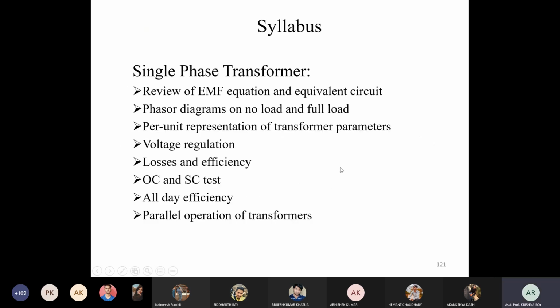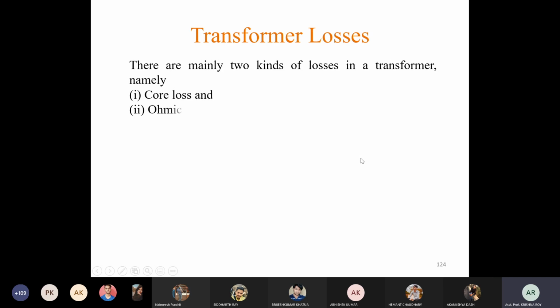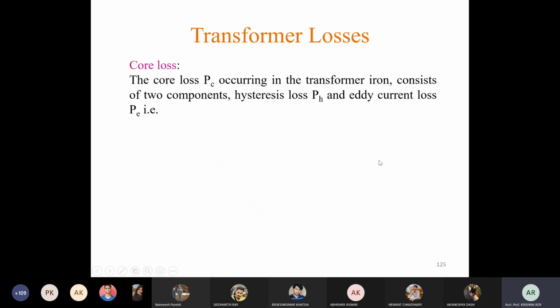Okay, that's all about voltage regulation. Now the next topic is losses and efficiency. So what are the different types of losses in a transformer? There are mainly two types of losses. One is core loss and the other is copper loss or ohmic loss, which is normally known as I square R loss. And this core loss has two components, as we have seen from the equivalent circuit diagram as well as the phasor diagram.